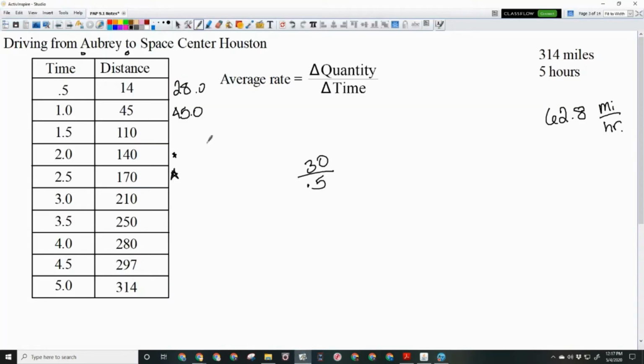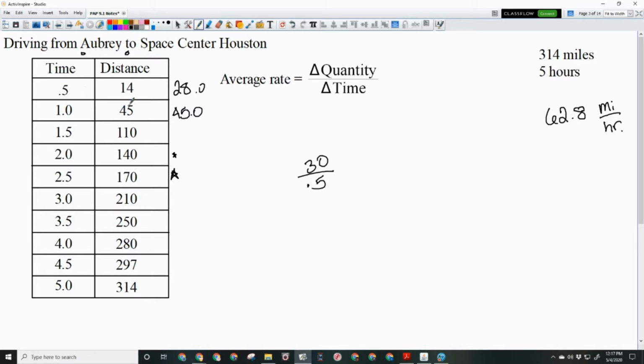So you can see that there's a difference between average speed or average rate and then instantaneous. So here it was 28, here was 45, here is 60 miles an hour. So we can get different rates depending on the distance or how far you are into the trip.